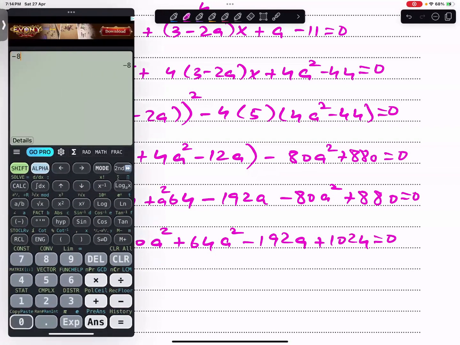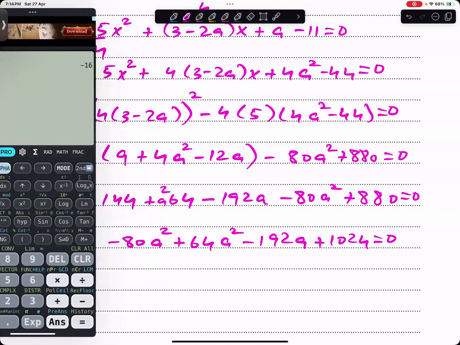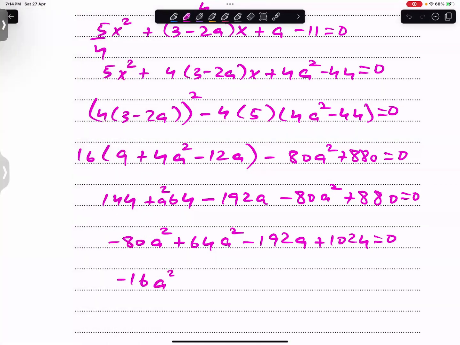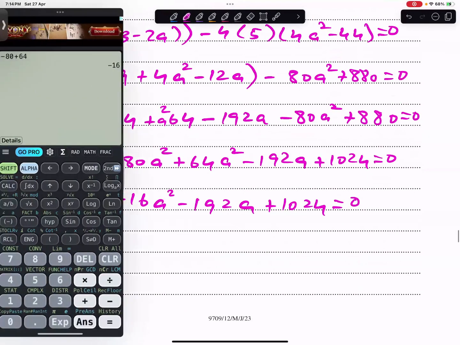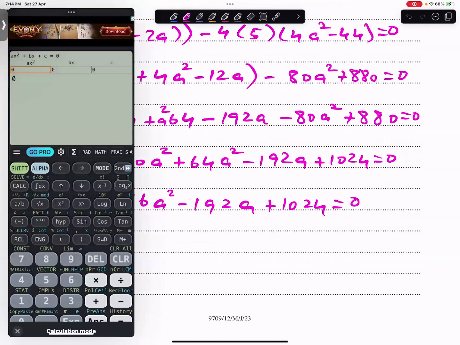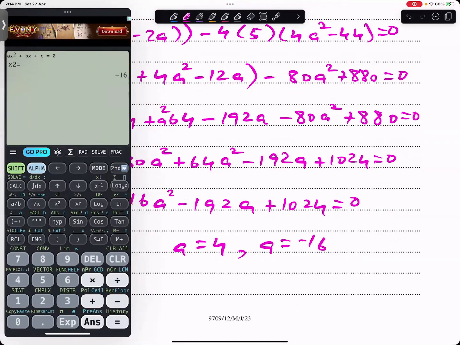So minus 80 plus 64 will be minus 16. Now this is a quadratic equation. Minus 16, minus 192, 1024. So a is 4 as he said, and the other value of a is minus 16.